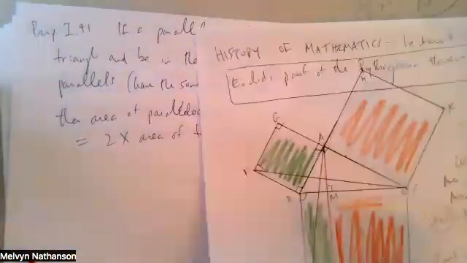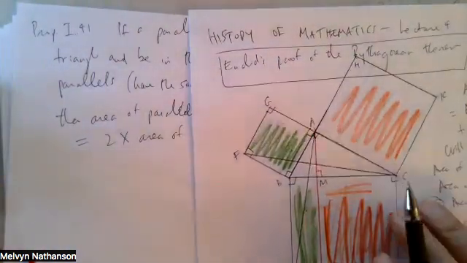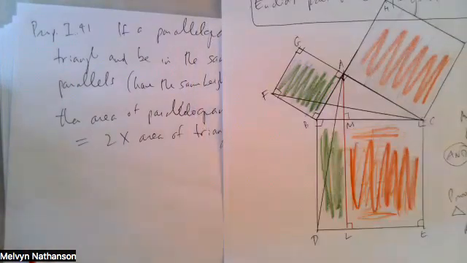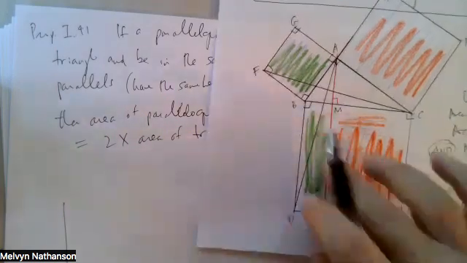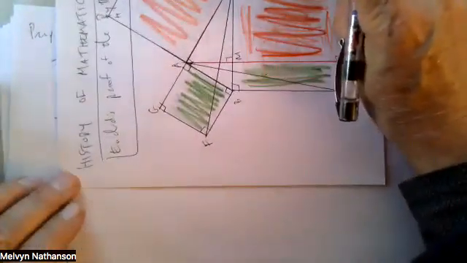And now let's go back to our basic picture for the Pythagorean theorem. Here's my picture. Let me rotate it so it looks like this, if you don't mind.